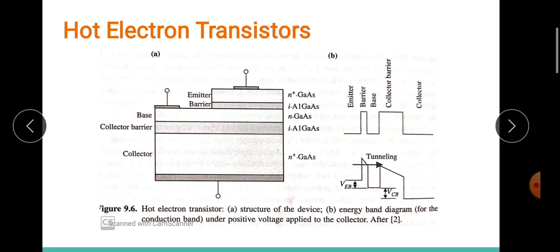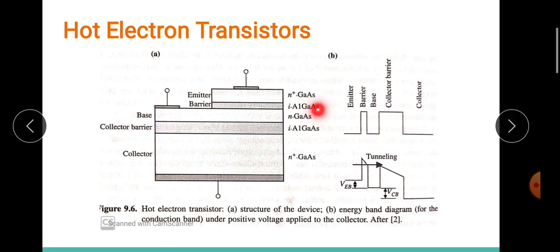So we have the structure of a hot electron transistor. So there are three terminals, right? The base, the emitter and the collector. Now what are the elements present in it? So we have an N plus, heavily N-doped gallium arsenide acting as your emitter region.